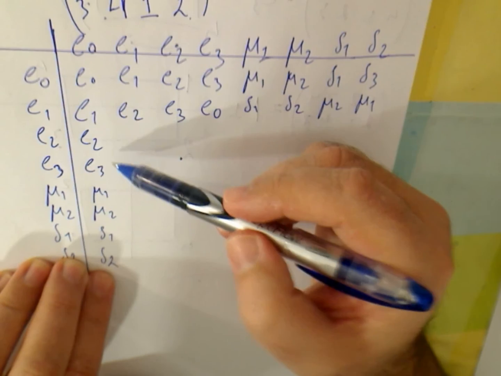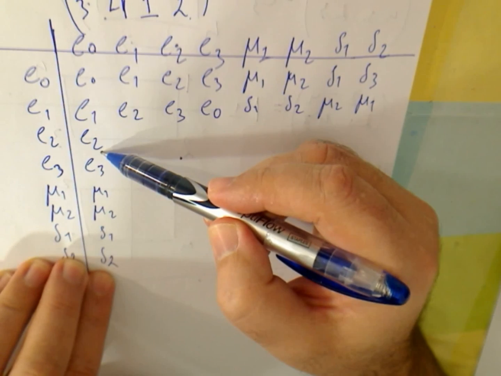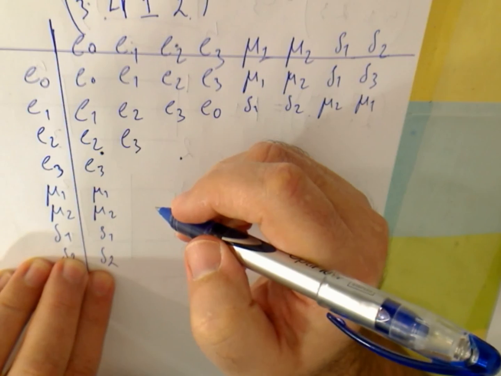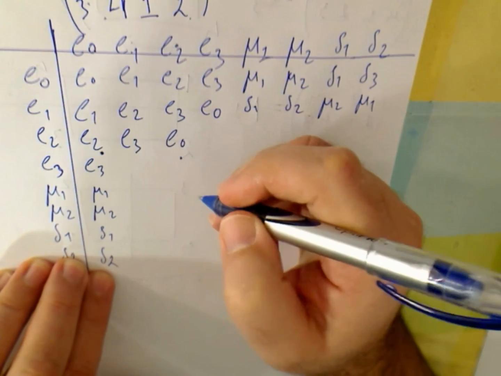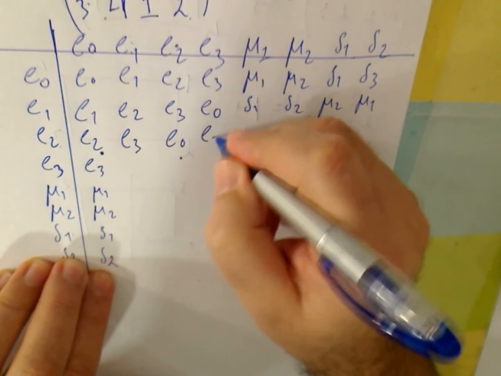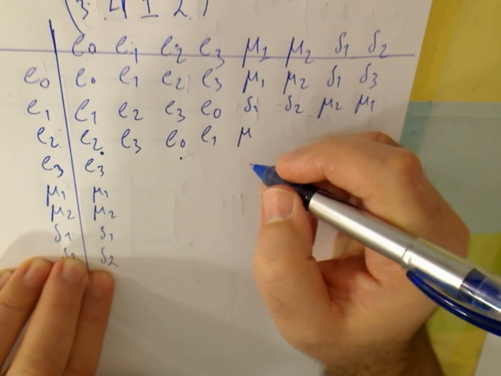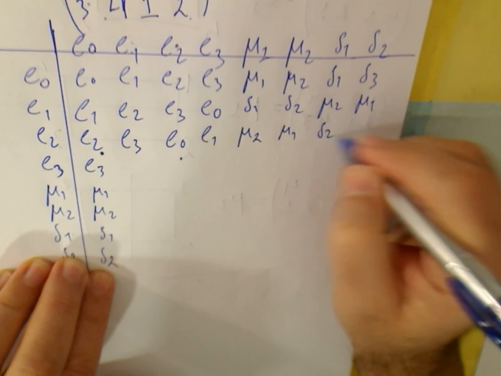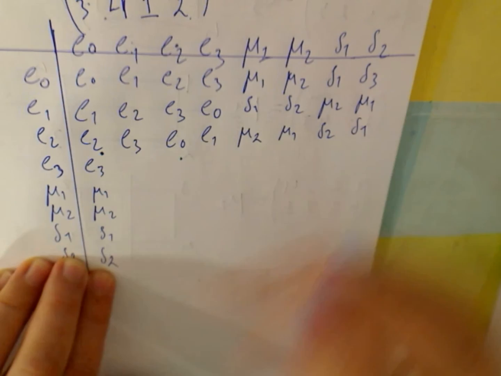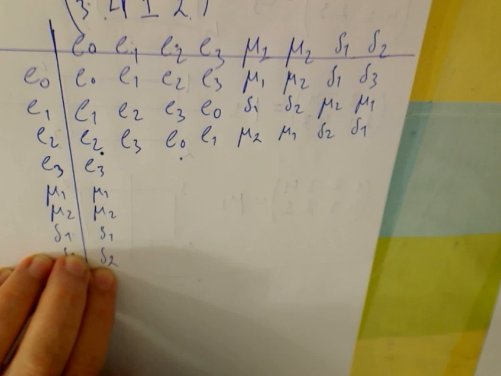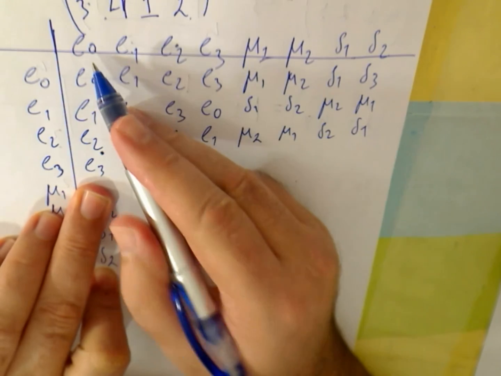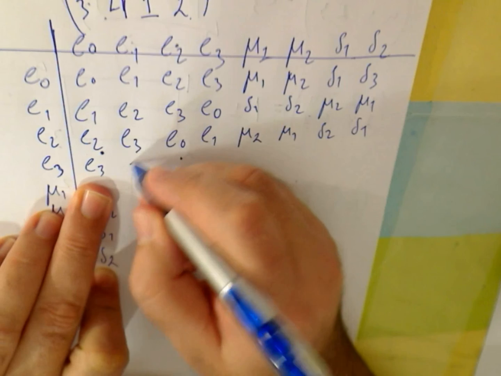Now R2 times R0 we get R2, R2 times R1 we get R3, right? R0, R1, M2, M1, delta 2, delta 1.